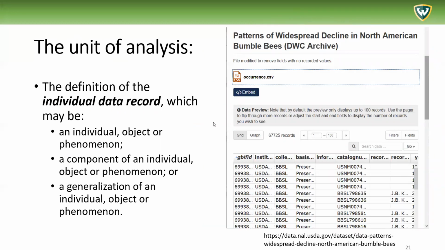Here's just another example from the bee data set that I've been talking about. You can take a look at it yourself if you have time, from the USDA. And actually it's a little bit complicated data set, so I may not use it for exercises in this class, but it's interesting to study, because this data set refers to occurrence of the bees.